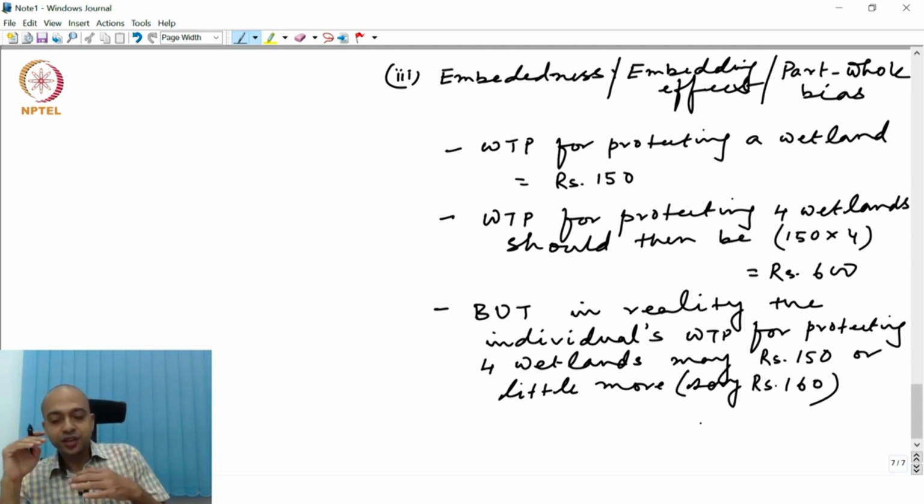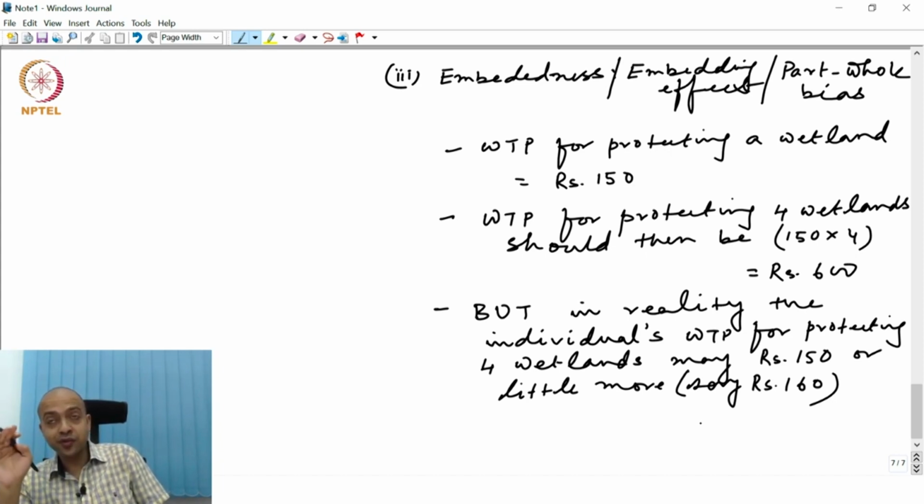That means there is insignificant difference between the two WTPs. The WTP value for protecting one wetland and the WTP for protecting 4 wetlands, there is insignificant difference. That problem is called embeddedness.